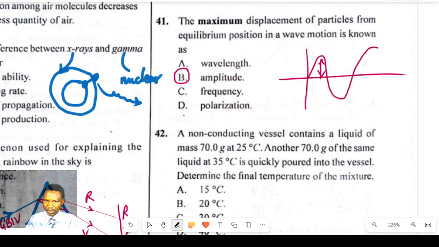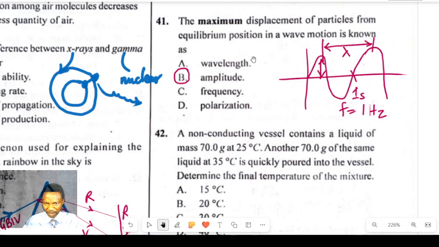Then if I continue like this, from peak to peak, this is the wavelength. And then the time, the number of cycles made per second. So if this one is 1 second, that means the frequency is equal to 1 hertz because it made one full cycle in 1 second. So that is all about that.